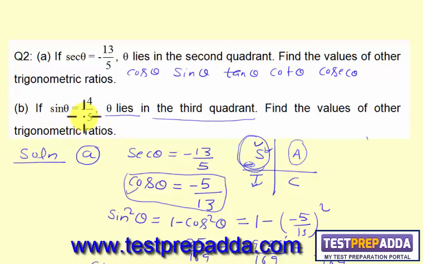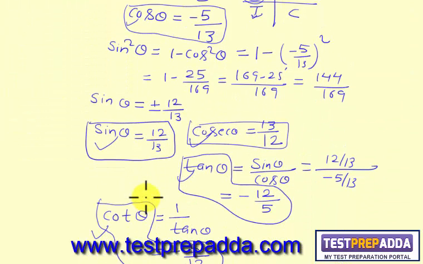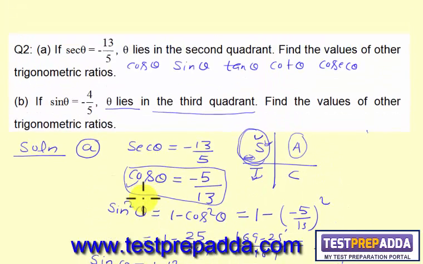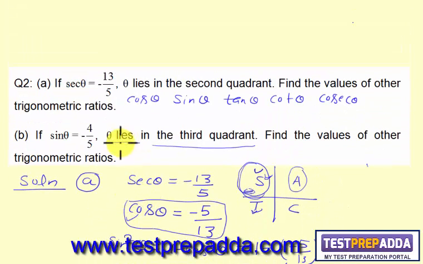So I hope you will try this second B in a similar manner as we did for 2A. Got it? But I'll give you the answer of this question. If you try to find cos theta, it will come minus 3 by 5.